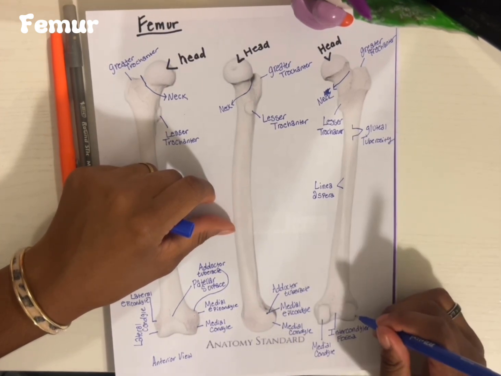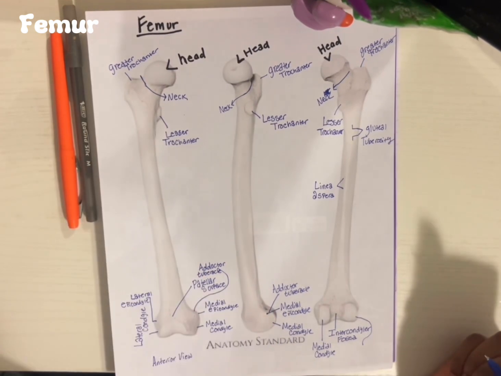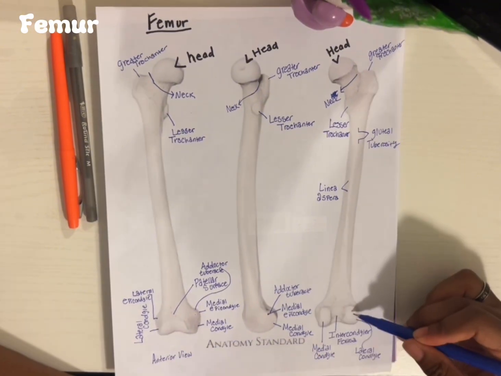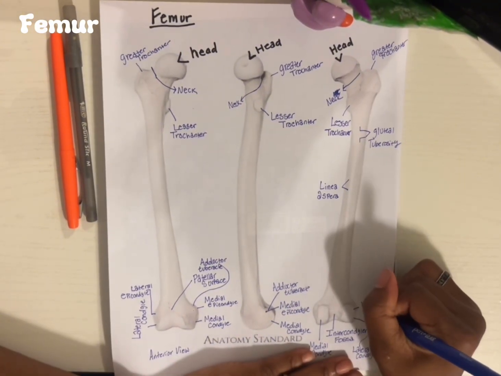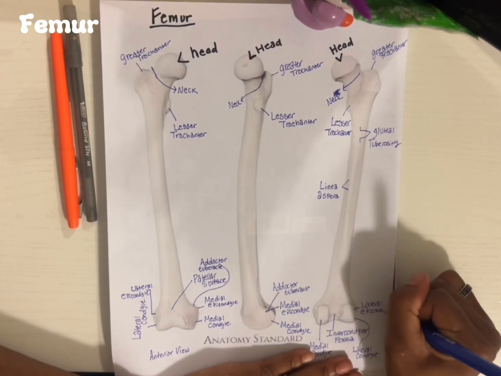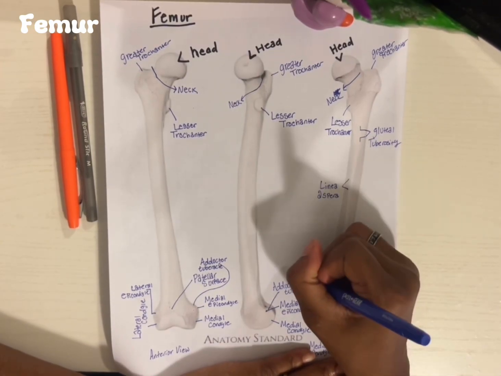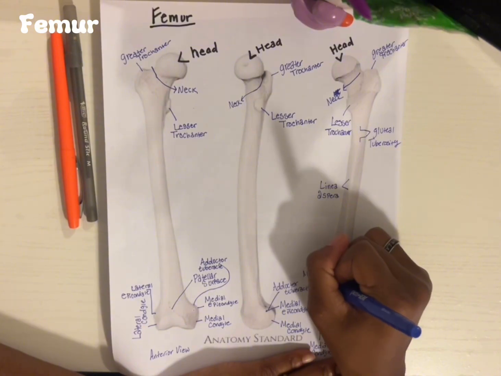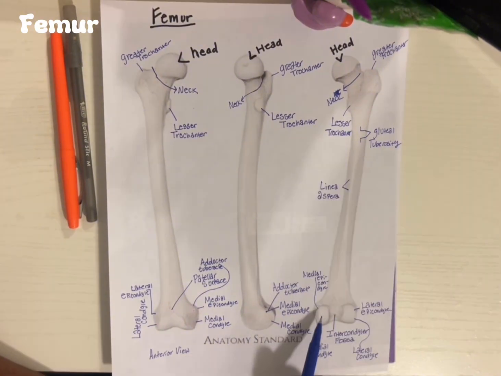This right here is your lateral condyle. This up here is your lateral epicondyle. This right here is your medial epicondyle. Medial epicondyle, lateral condyle, medial condyle, intercondylar fossa.